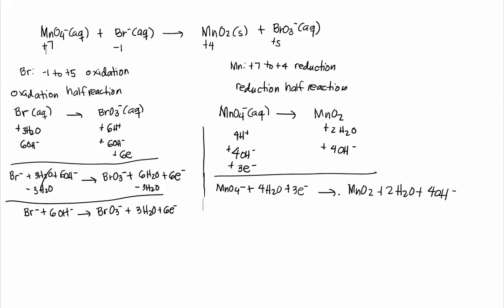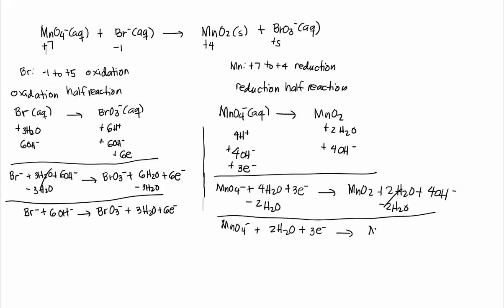H2O is common to both sides, so I subtract 2 H2Os from both sides. And we are left with MnO4 minus plus 2 H2Os plus 3 electrons. Right side we have MnO2 plus 4 OH minuses.